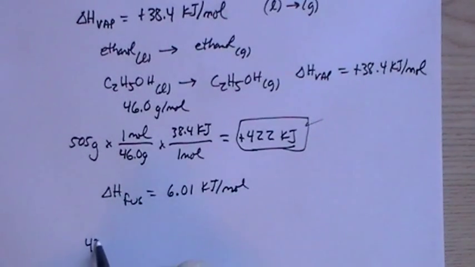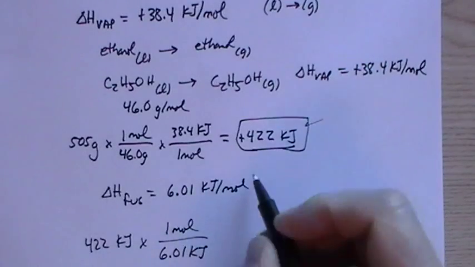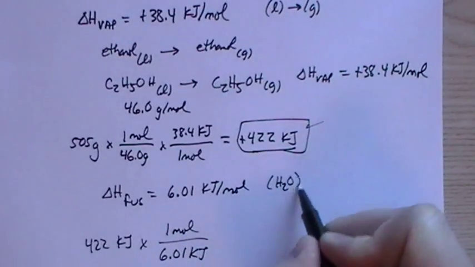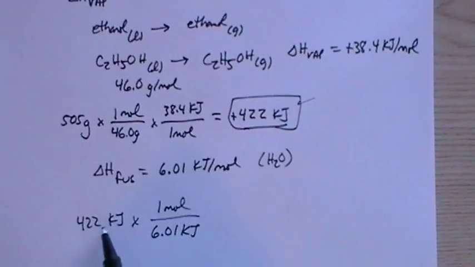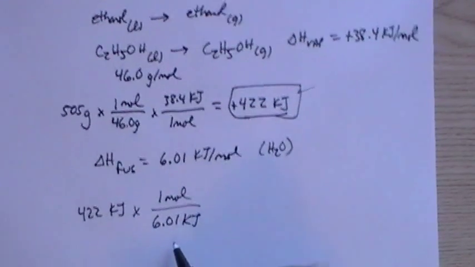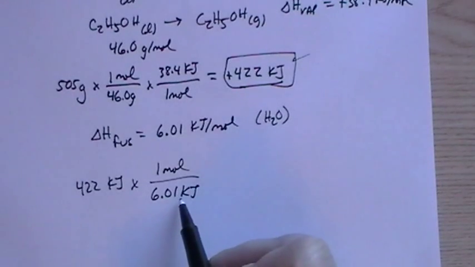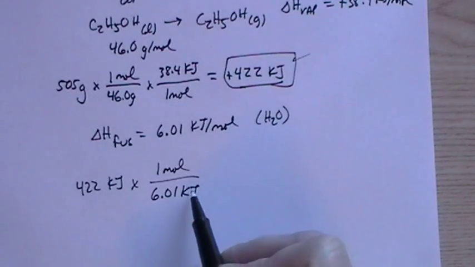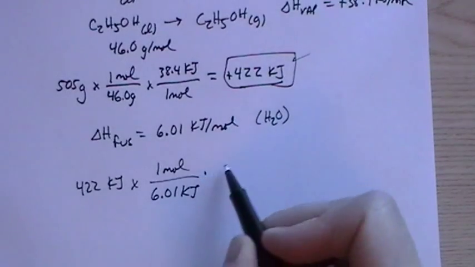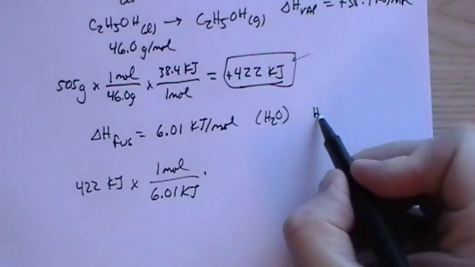So if we take that 422 kilojoules, and then every 6.01 kilojoules, and this is for H2O, if we take that energy, and that energy came out of the H2O, for every 6.01 kilojoules of energy taken out, 1 mole of water will freeze.